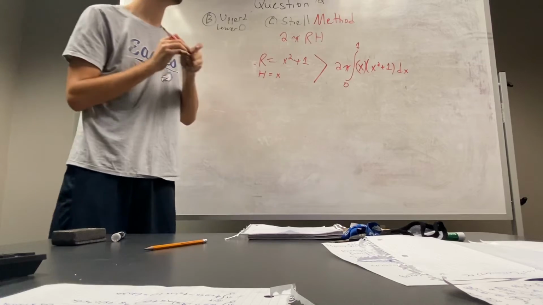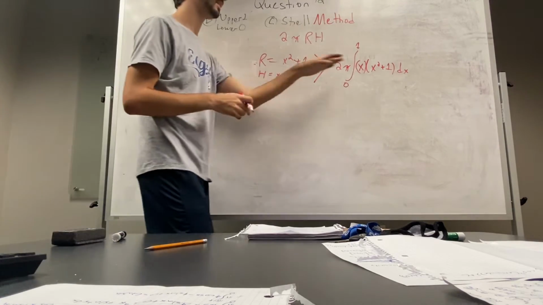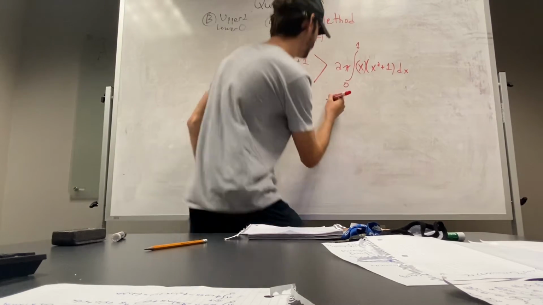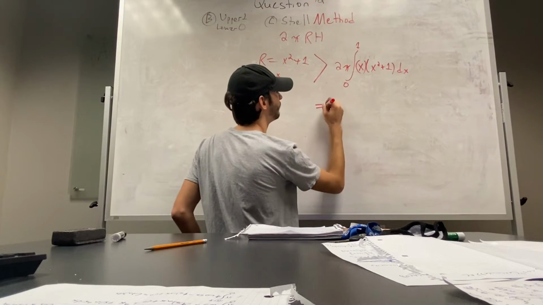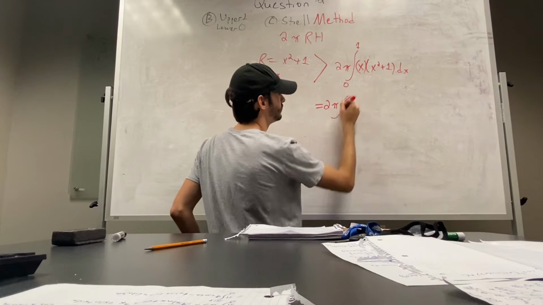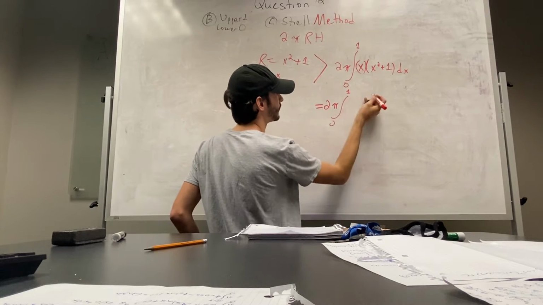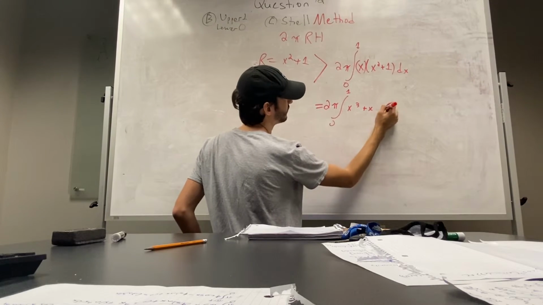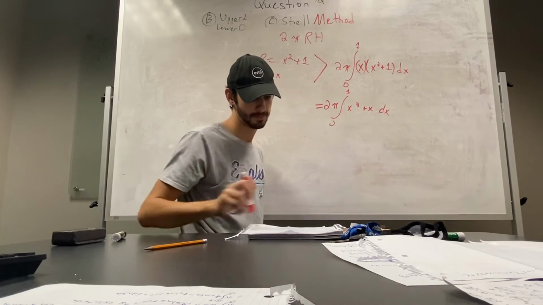Cool. We have our integral now. All we have to do is distribute this right here, and then we'll be good to go. So we have 2 pi from 0 to 1, and we distribute that: x cubed plus x dx.